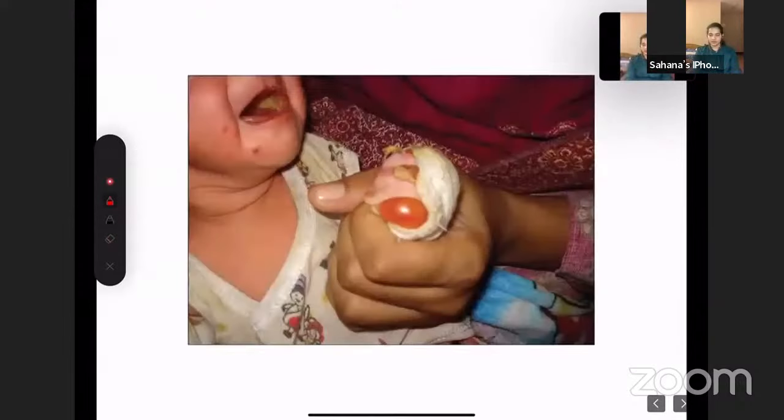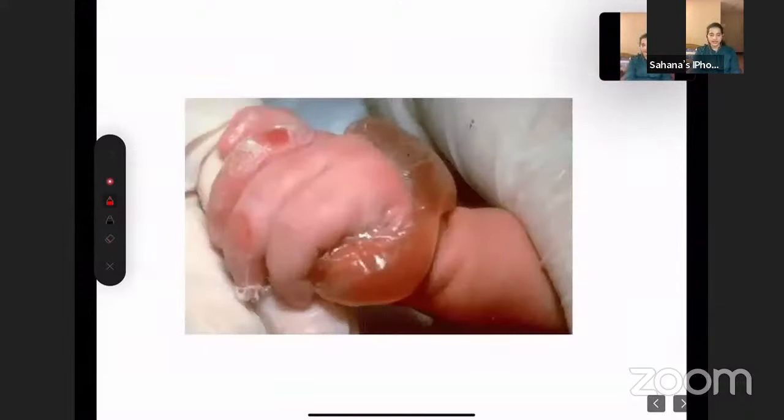Let me just show you some images of generalized types. Again, this was another child who had the localized type of EB. This was not diagnosed until later on. It was diagnosed as just irritant dermatitis from the IV. This child had an IV catheter or an IV line which was put in this area. Again, this is an example of blisters occurring in the area of trauma.